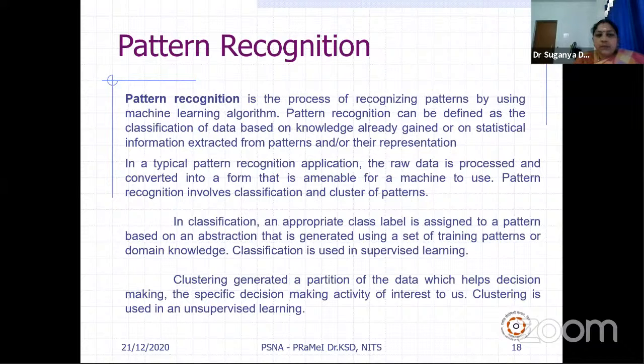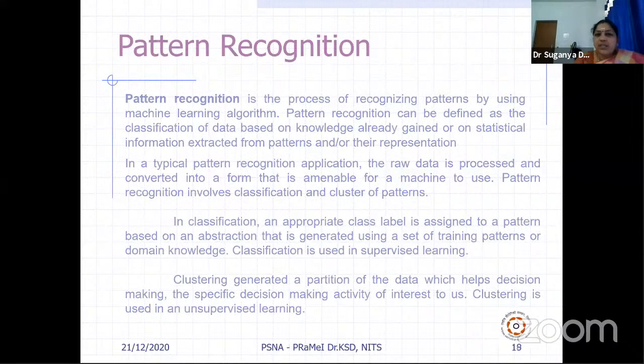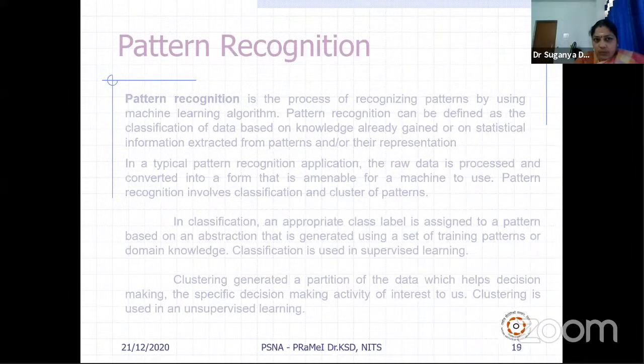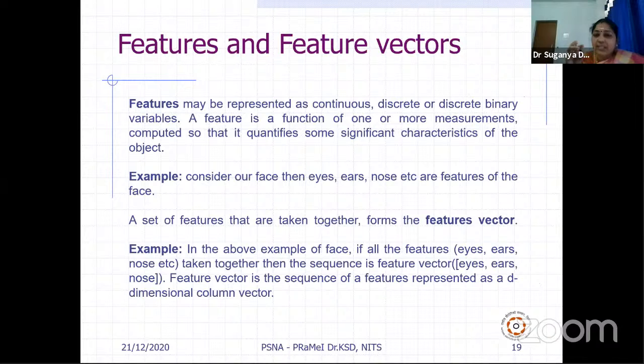Of course, I told you about features and feature vectors, which are the primary thing for the patterns. Unless we extract the correct features, it will not work. Why? Because if I feed an image, it will have a minimum of 100 to 200 features in a single image.